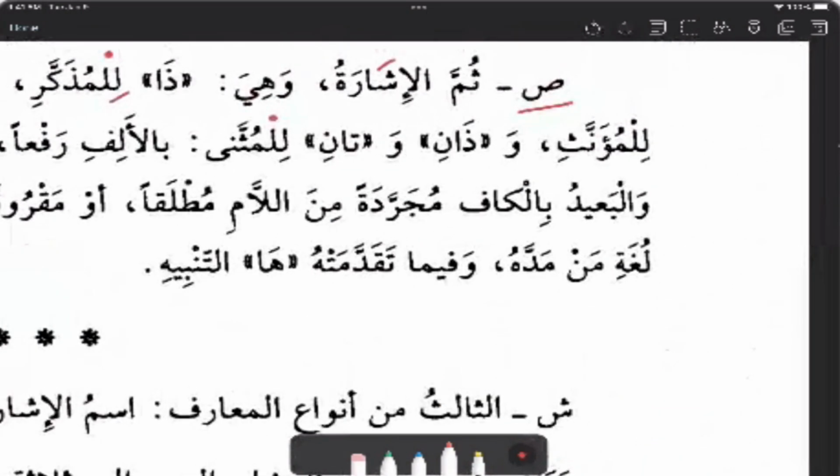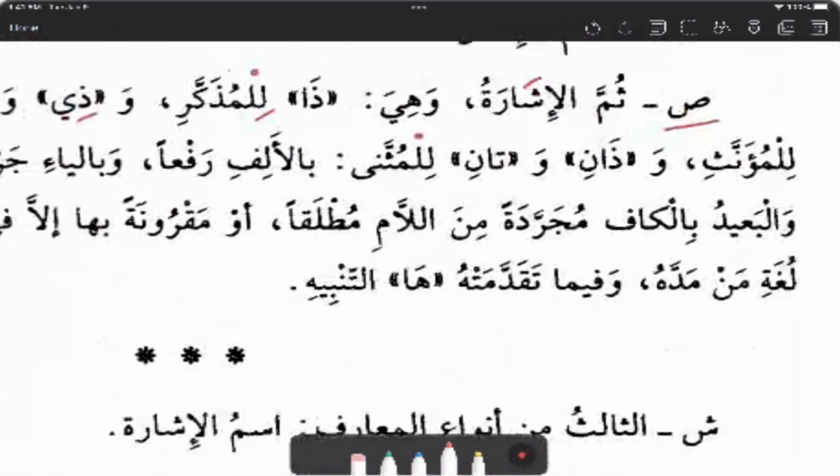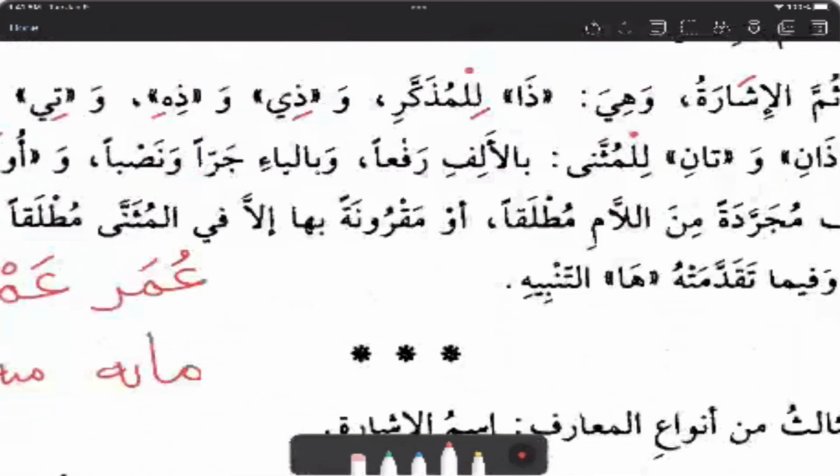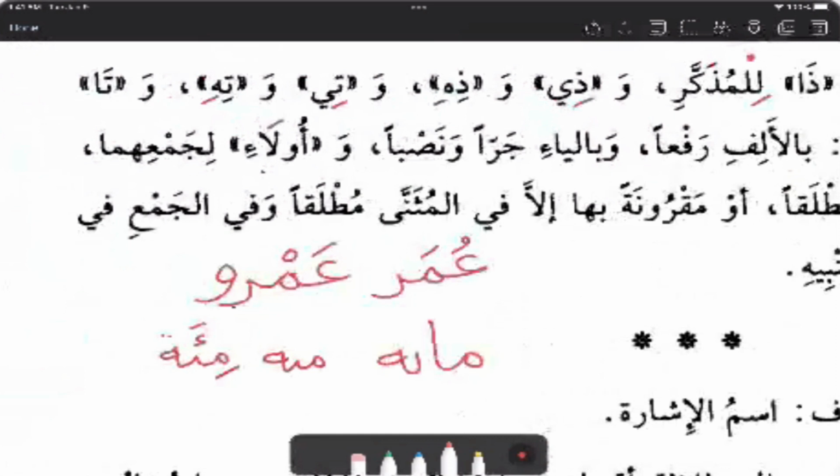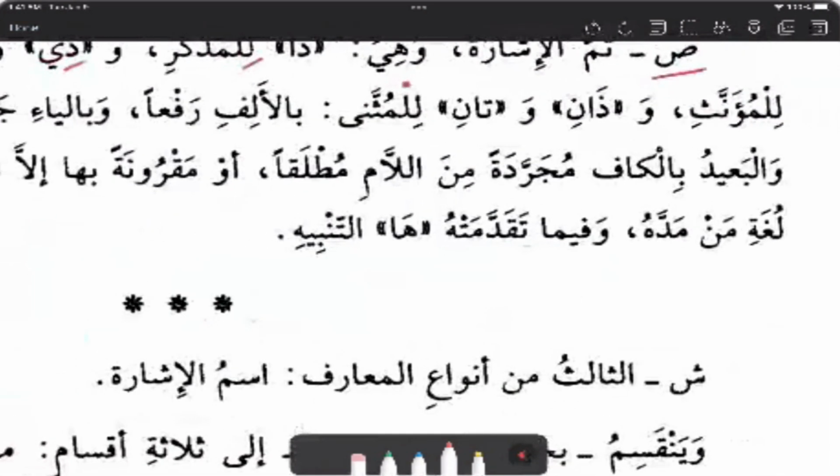والبعيد بالكاف مجردة من اللام مطلقا. Now, the thing that you point at that's far away, al-ba'id, the far thing that you're pointing at. It should be clear for you, you don't have to literally raise your hand and lift your finger to point. The word itself has that meaning. So you can just say hadha, you don't have to point your finger.